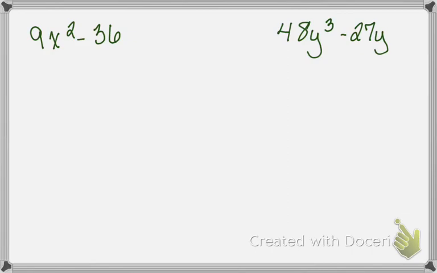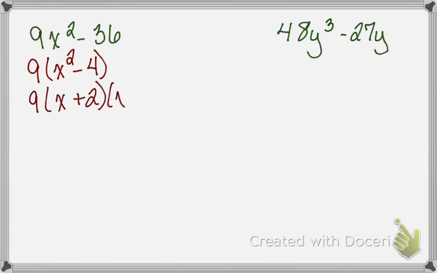So when you've got your greatest common factor, you want to pull that biggest one out. That is a great habit to get into. Always pull your greatest common factor out if you have one. So now, this factors to x plus 2, x minus 2.